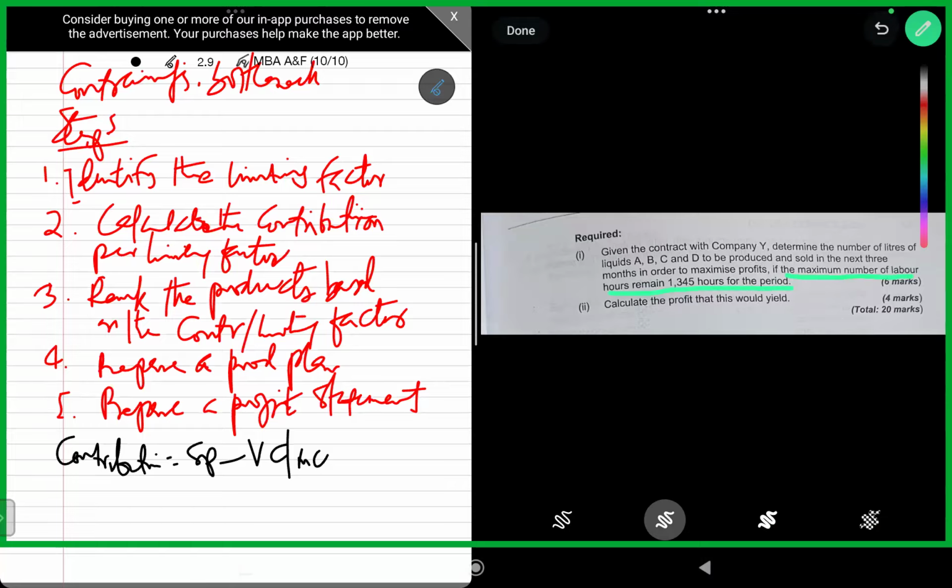Labor hours is the limiting factor. If the maximum number of labor hours remain 1,345 hours for the period, that's the limiting factor. Then you calculate the profit that this would yield. So you must first identify the limiting factor. And here the limiting factor is labor hours. All right. So now let's go to the main data.